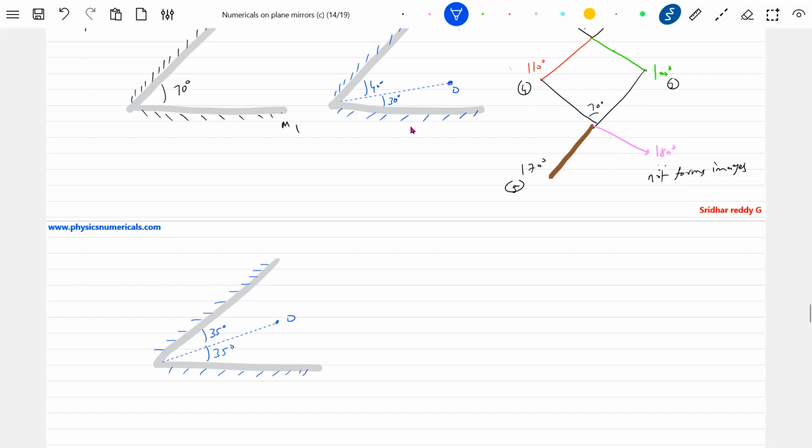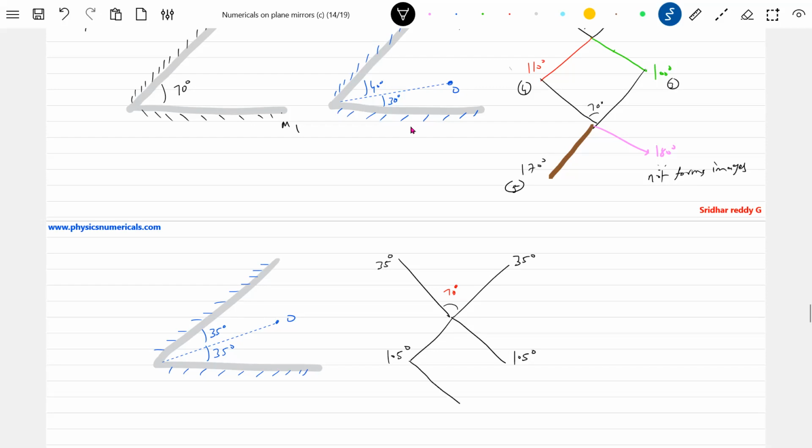then so this is the first. We'll start with 35 degrees. The angle between the mirrors is 70 degrees. The angle between the mirrors I'll indicate by this one. This is 35. The next one, 105 degrees.